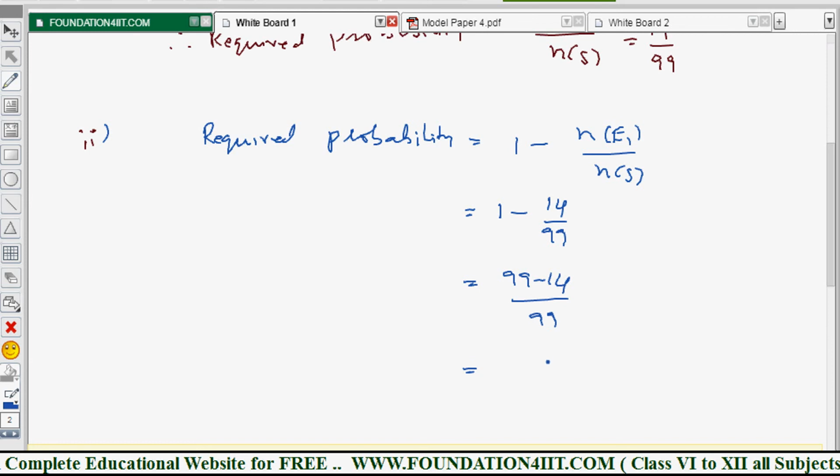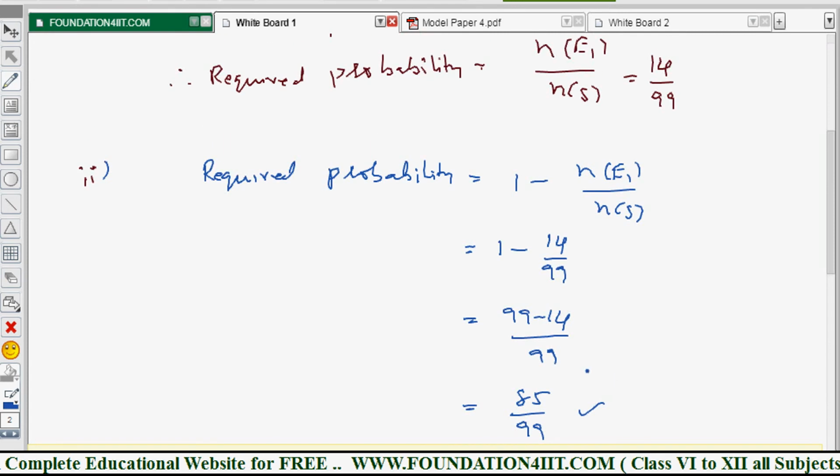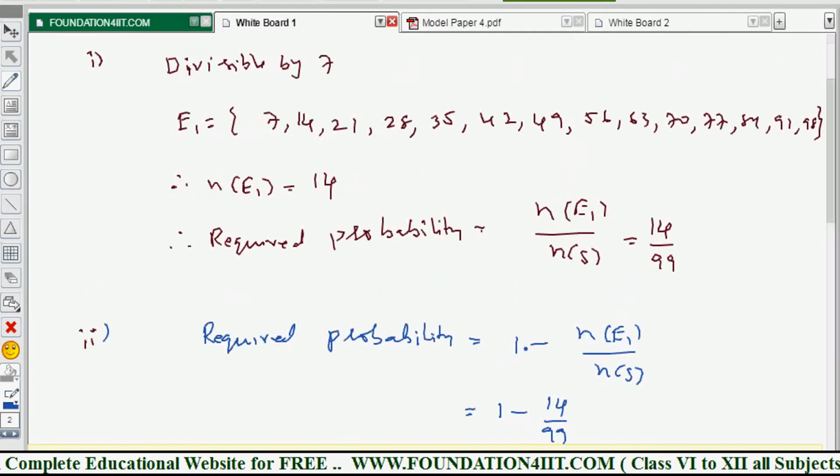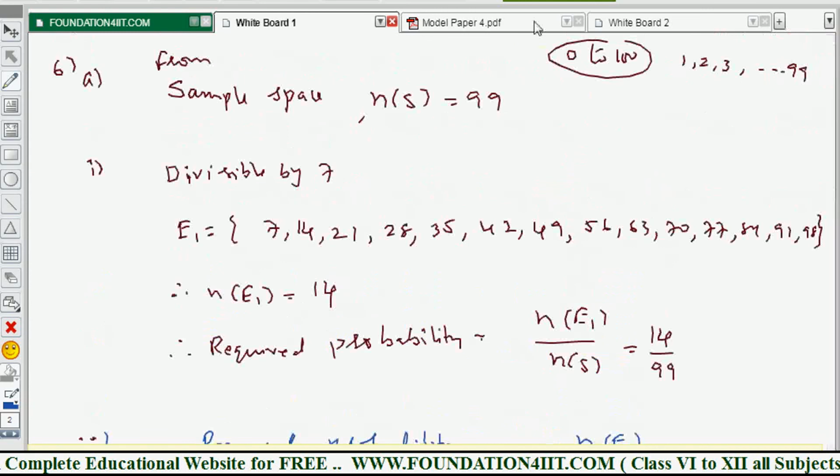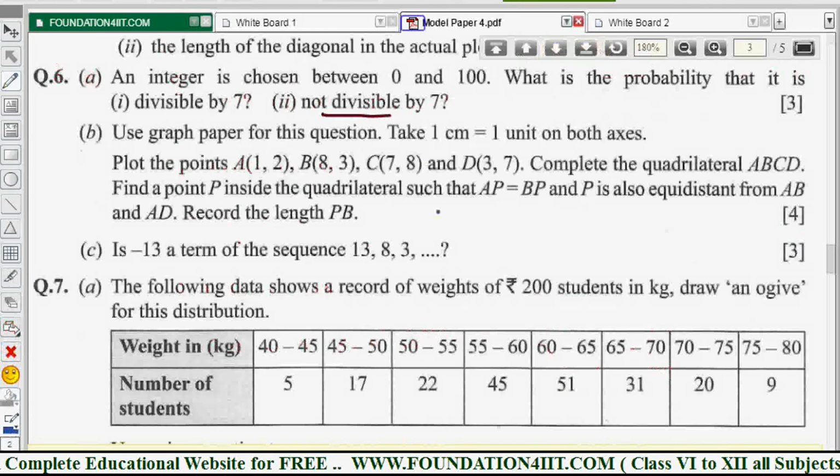So 99 minus 14 is 85. 85 by 99 is the probability that the selected integer is not divisible by 7, and 14 by 99 is the probability that it is divisible by 7. Can do in this way. Let us see the next question.